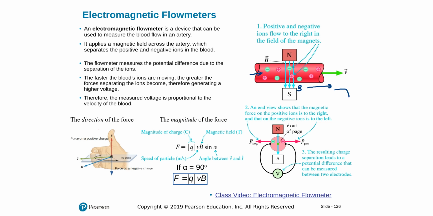My thumb in this case would be going into the page, and the force would be into the page for positive charges and out of the page for negative charges. So this separates positive and negative charges.